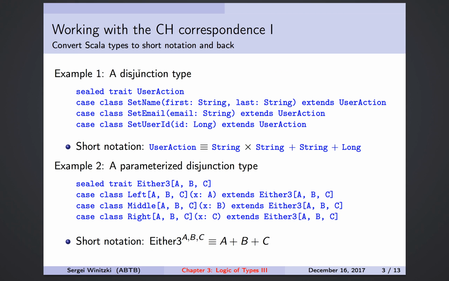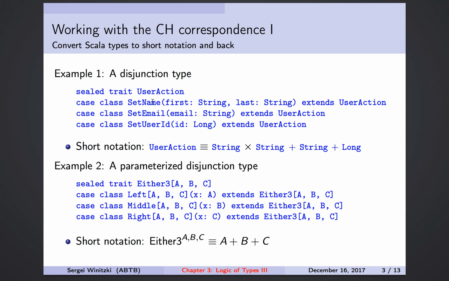As another example, let's consider a disjunction type, which is in Scala defined using traits and case classes. So the first example, I have a simple disjunction type that represents some kind of user's action in some kind of application, let's say. And there are three cases.